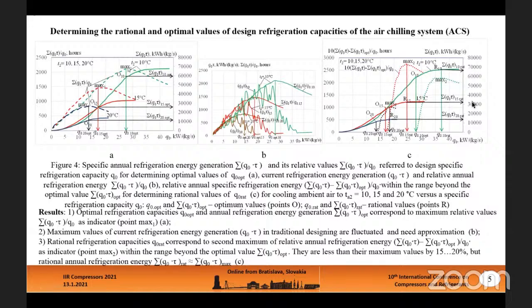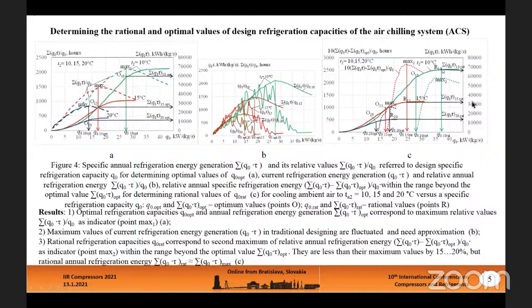This curve corresponds to ambient air temperature of 10 degrees centigrade, 15 degrees centigrade, and 20. The rational value of design refrigeration capacity corresponds to the second maximum of refrigeration energy production referred to design refrigeration capacity within the range of loading beyond the optimal value.